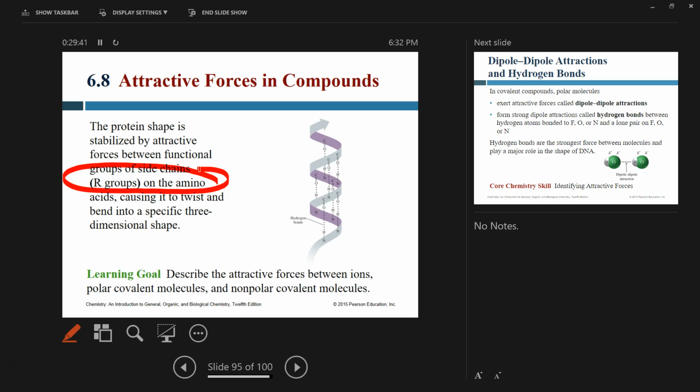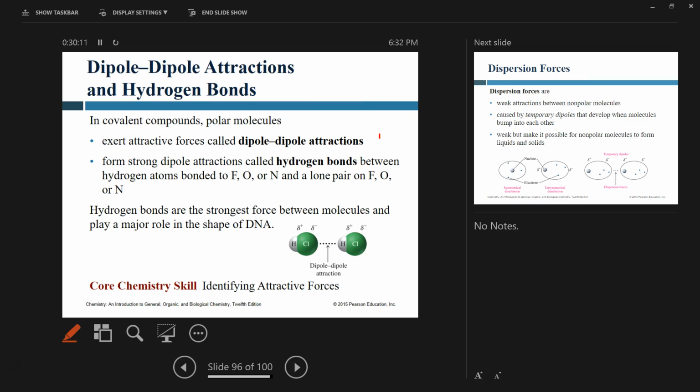We can, at least hypothetically, predict how these molecules will interact with each other and how they will determine the shape of the protein or DNA. Does that make sense? So we can basically identify several types of interaction that can exist between various molecules.